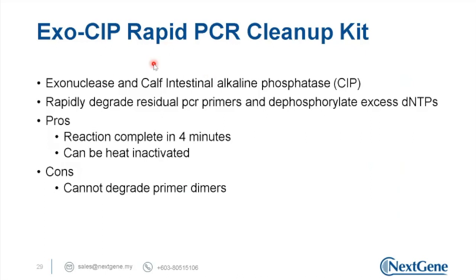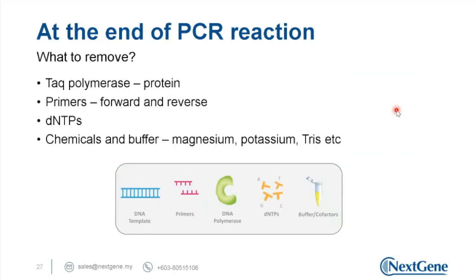Okay. Here we have another type of cleanup kit called ExoCIP. Exo is an exonuclease, an enzyme, and CIP is alkaline phosphatase. So the principle of this particular kit is to rapidly degrade the residual PCR primers and then dephosphorylate excess dNTPs. Meaning that whenever we have the excess primer, exonuclease will digest it into dNTPs.